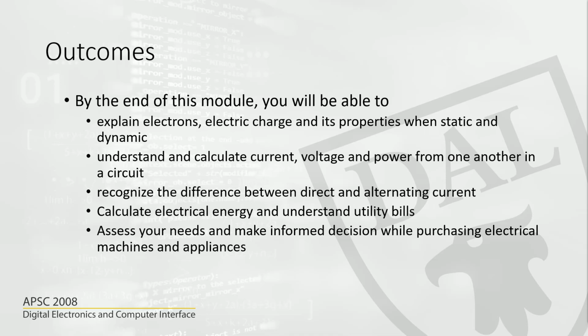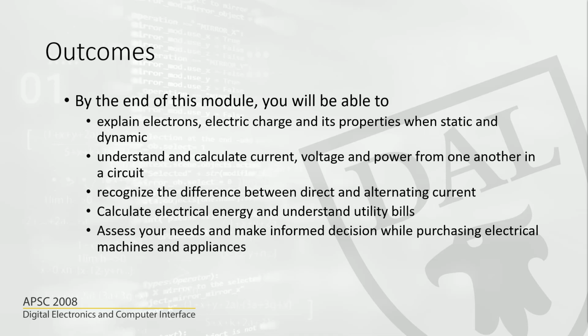So when I say a circuit, in the first module, we will be talking about household circuits, and from the next module onwards, we'll be talking about electronic circuits, and maybe a little further, logic circuits in the later modules.